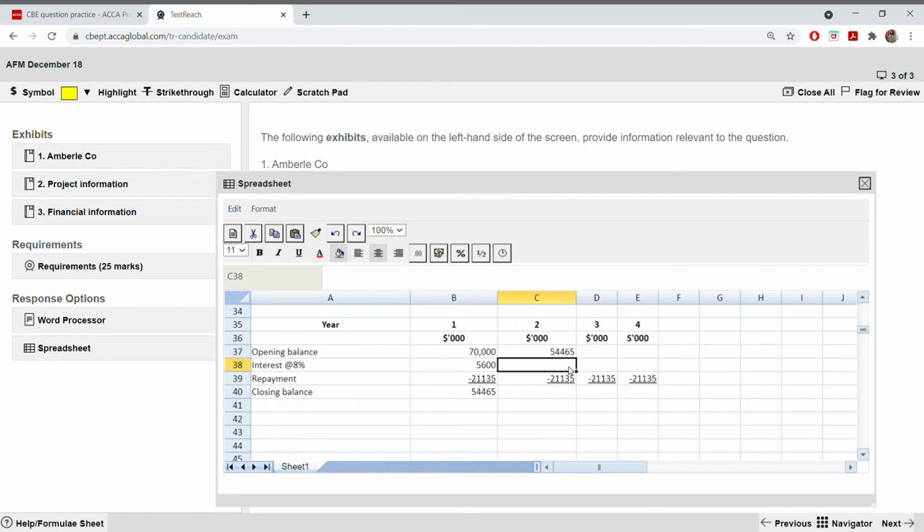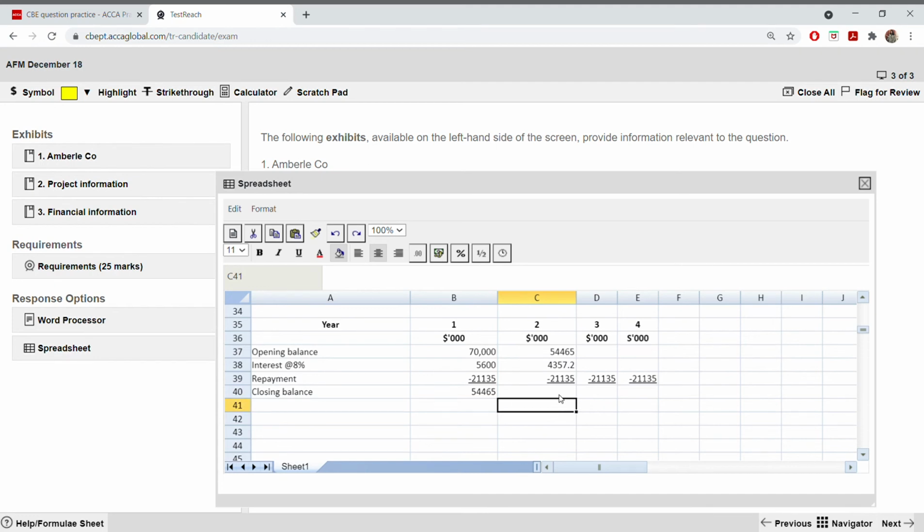Now if you copy paste it like this, automatically it will take the interest on this. Just see here, click. If you want to be sure, to confirm whether it is correct once you copy pasted it, just click on the cell and see. It has taken the 8% on C37. It has taken the interest on this only. So technically it's correct, right?